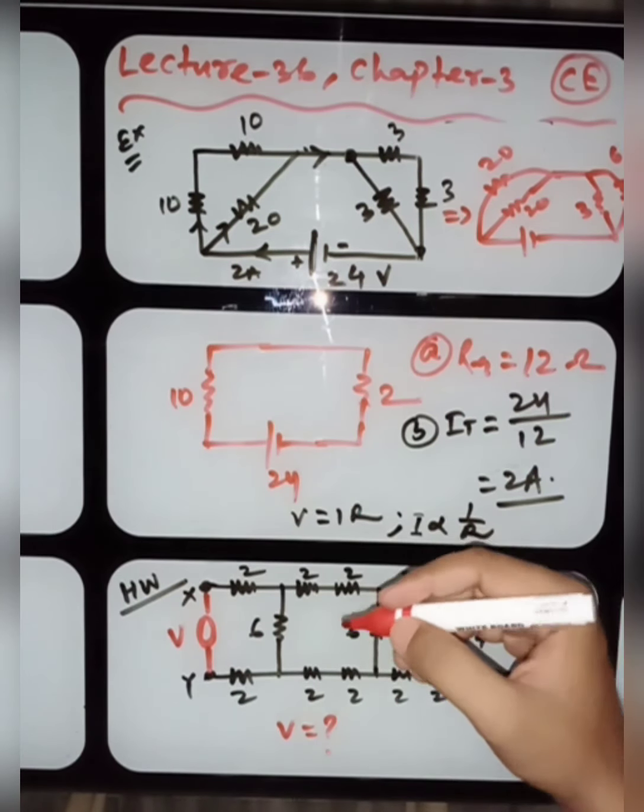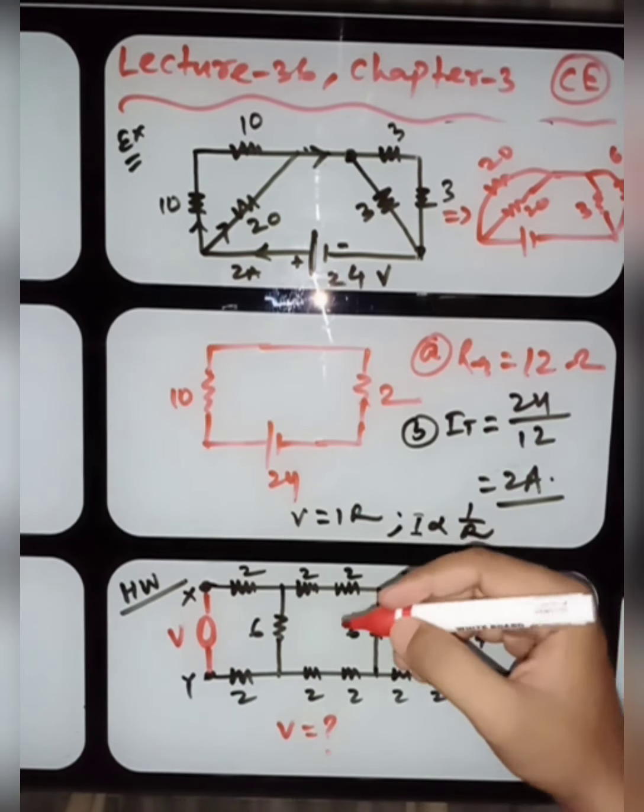Okay, now next we'll move to another question. I hope this question is very clear. This is not the infinite ladder. Here a limited number of resistors are connected. These 2 are free points. It is not connected anywhere in the circuit, but the 4 ohm and the 6 and 6 ohm, 2 are there, 2 are there.